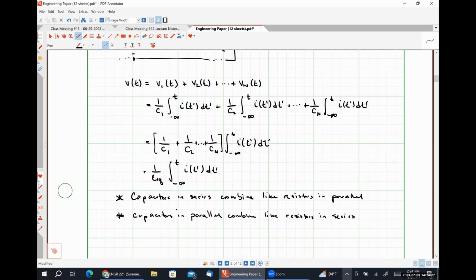Instead of just rote memorization, I would actually encourage you to simply memorize, or learn would be even better, how inductors behave or how capacitors behave, and then just understand that inductors and capacitors behave opposite each other. So if you can learn how one of the elements works, just do the opposite for the other element, and you don't have to do anything else.